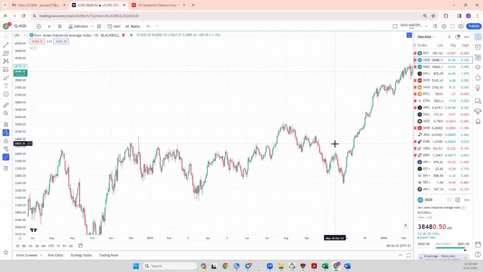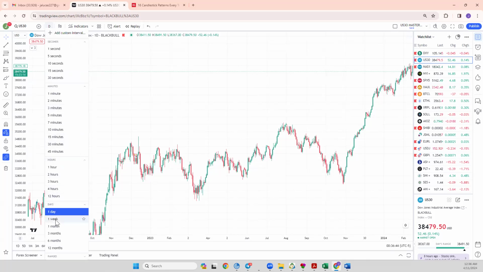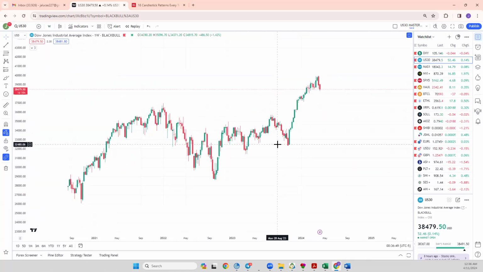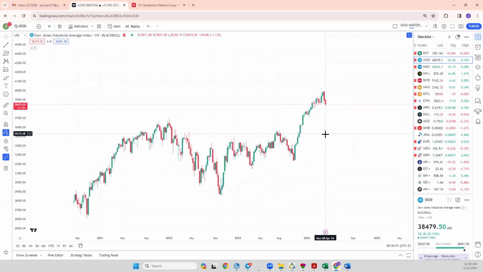Because remember, like I said, when you look at higher time frames, you're looking at a lot more data. You're seeing a lot more of the market at one time. So let's say we went to the weekly. If we went to the weekly, I can tell you immediately what the support levels and resistances are.